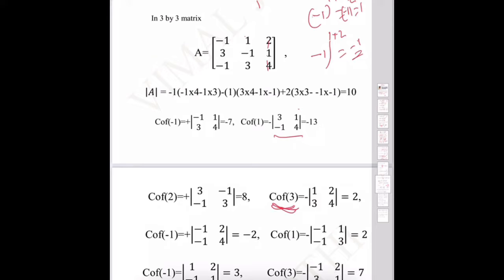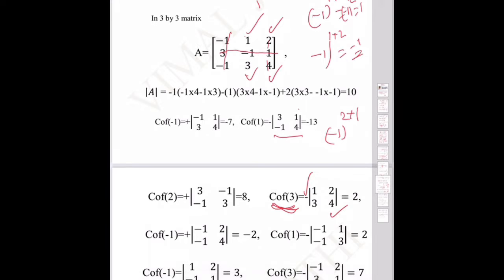Cofactor of 3. The sign is, second row, first element, that is minus 1 cube, that is equal to, sign is minus. Then delete this column and this row, then the determinant of 1, 2, 3, 4, and so on.